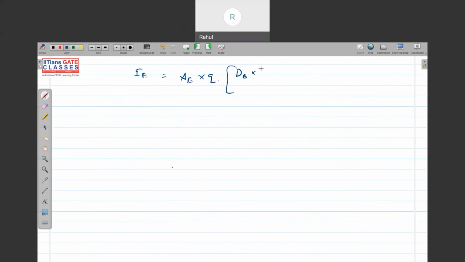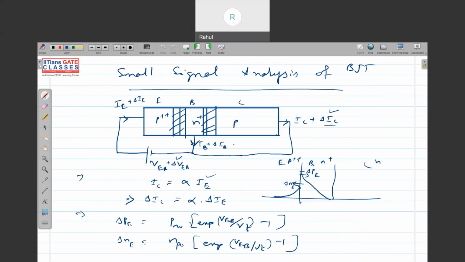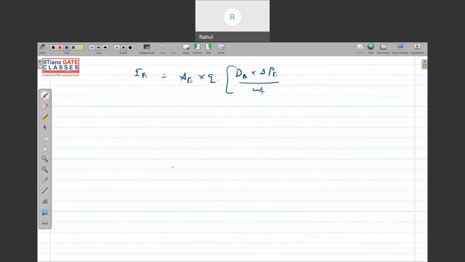What is dp by dx? dp by dx is del P by dx, and dx is nothing but the base width, WB. In PN junction theory, it was WB replaced by LB, the diffusion length.